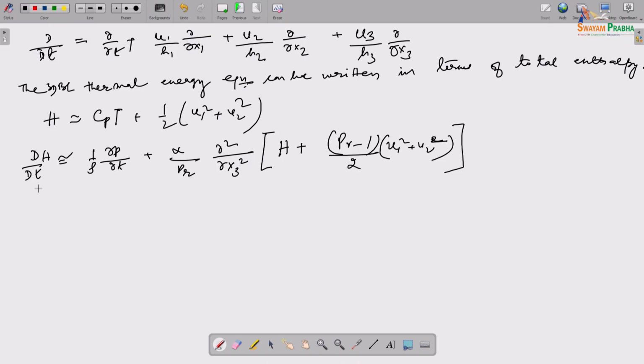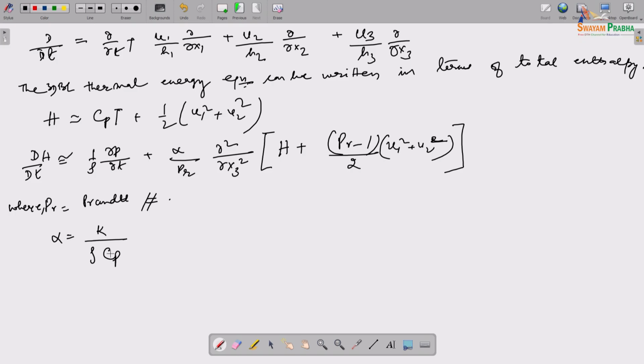So this is the Prandtl number, and alpha is equal to K by rho Cp.